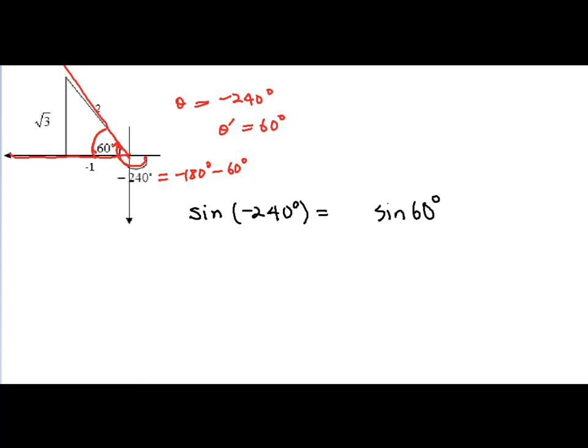So sine negative 240 is equal to sine 60 degrees, which is square root 3 over 2. Cosine negative 240, in quadrant 2, is the same as negative cosine of the reference angle 60. So it is negative half. Cosine 60 is half, and with the negative sign, it gives negative half. Negative 240 is a quadrant 2 angle because you're turning clockwise 240 degrees.